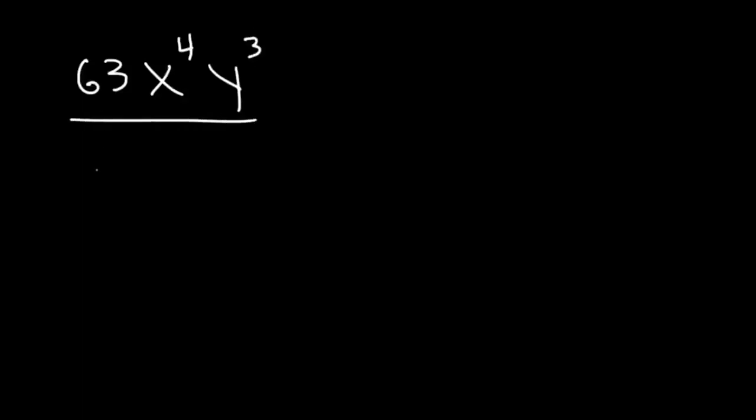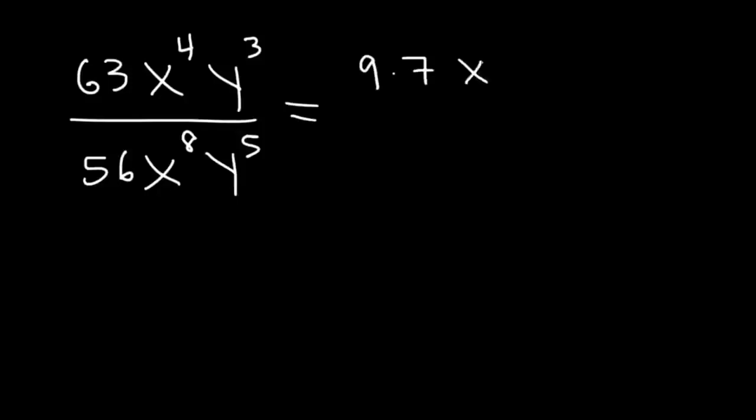Here's another example that's similar. Let's say if we have 63 x to the 4th, y to the 3rd over 56 x to the 8th, y to the 5th. 63 is 9 times 7. And 56 is 8 times 7.